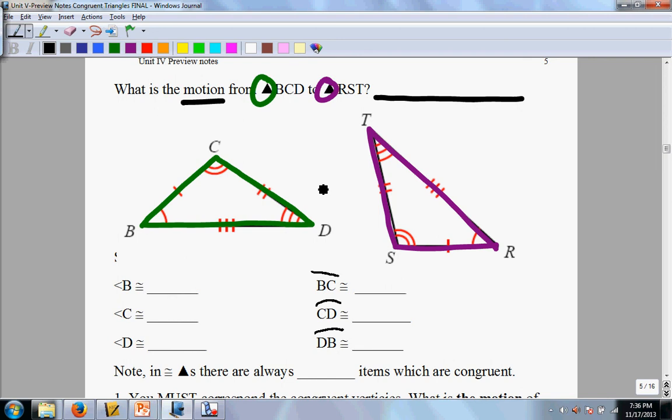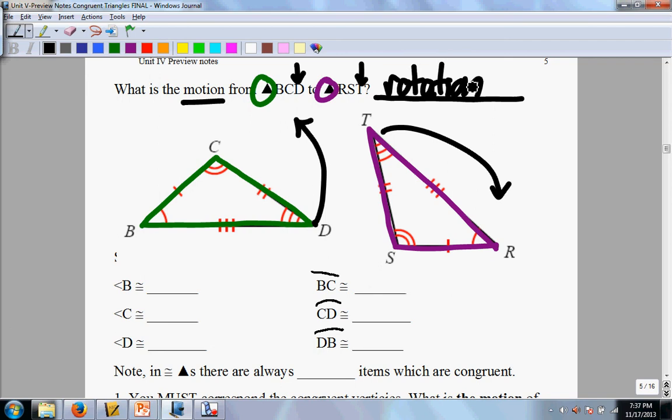Okay, you should note here, do you notice D and T are in the same position? And to get D and T in the same position, we had to rotate. Or we could take this and bring it back down. So either way, this is a rotation. And when a triangle's been put through that motion, there's a total of 6 items congruent.